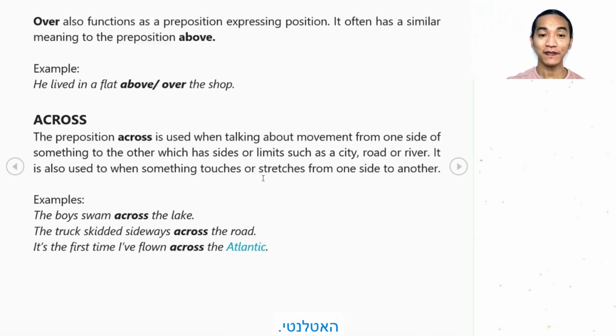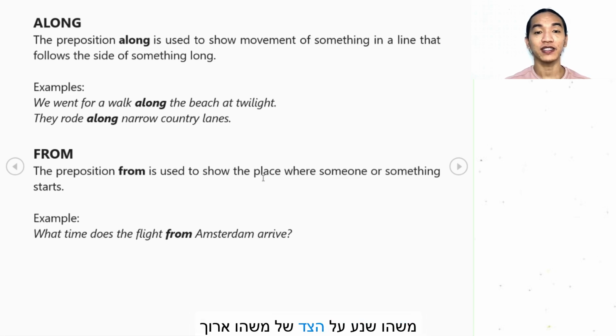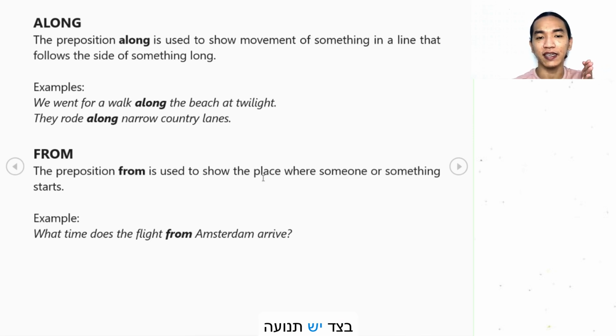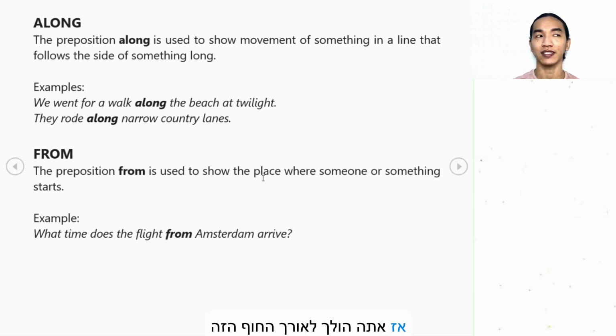Now, we also have the preposition "along", which is used to show movement of something in a line that follows the side of something long. Like on the side, and there's a movement. For example, we went for a walk along the beach at twilight. So you're following that beach.